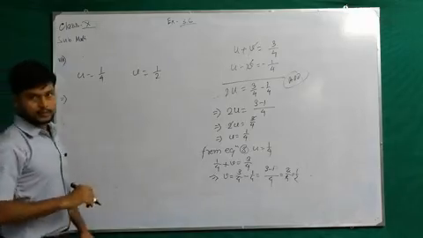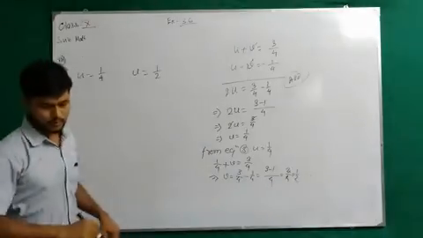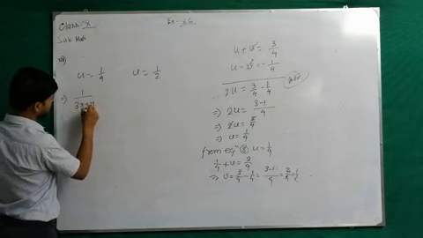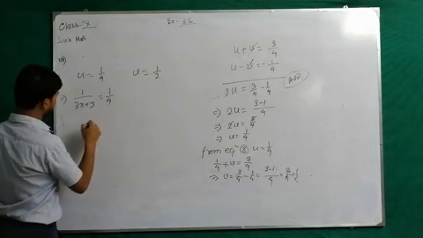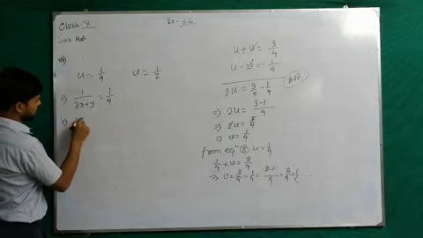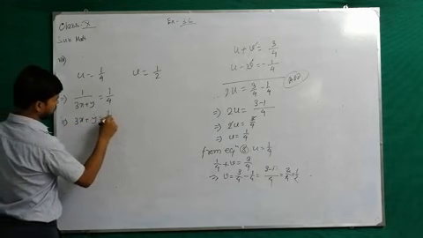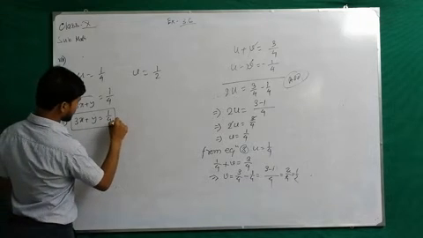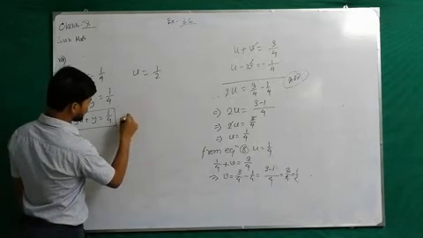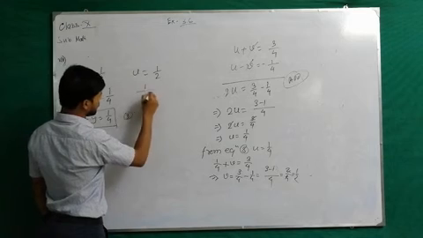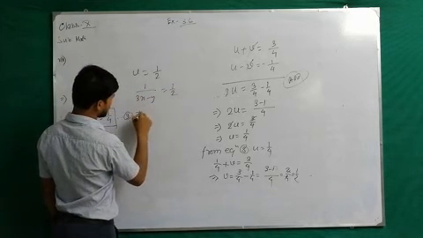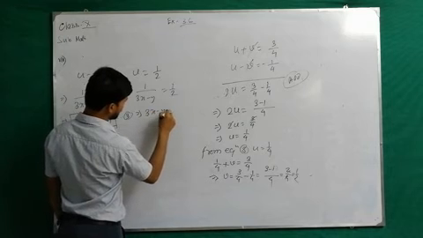And we have considered u equal to 1 by 3x plus y, which is equal to 1 by 4. Means 3x plus y is equal to 4. So this is I think third equation. And if I put v equal to 1 by 3x minus y, which is equal to 1 by 2, means 3x minus y equal to 2.